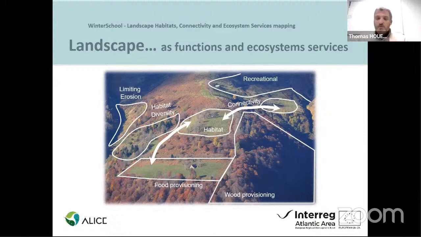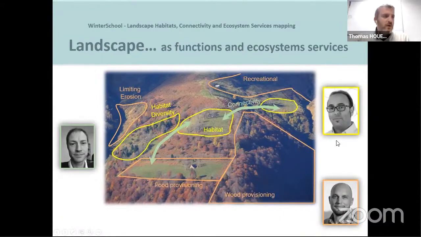And we tried to define and show some methods in order to characterize this landscape as habitats, as functions in terms of connectivity, and in terms of ecosystem services. I think that the examples provided by Jose, Hugues, and Stefano were quite enlightening about what could be done, but of course we were not exhaustive.